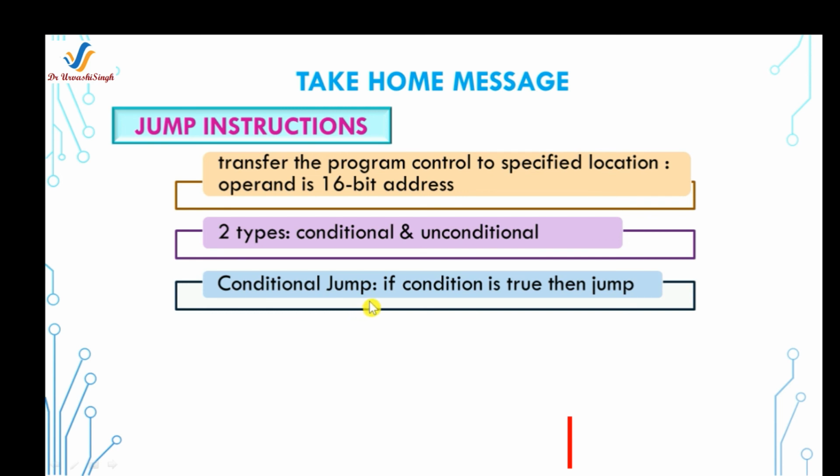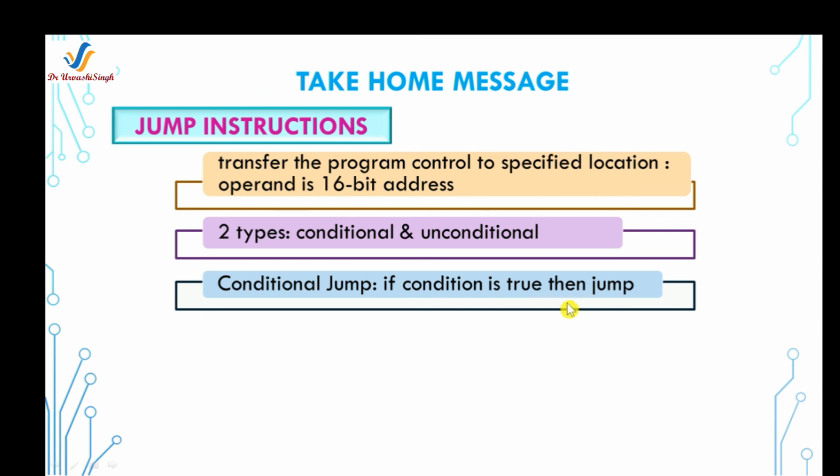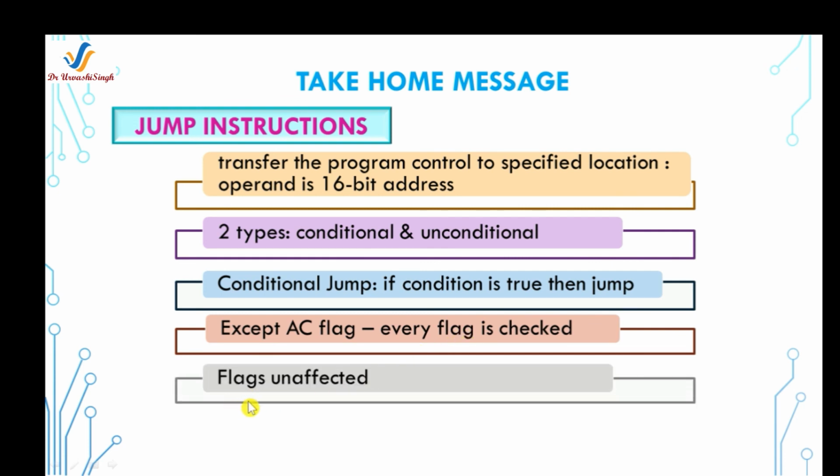In the conditional jump, the condition of the flag is tested. If it is true, then it will jump, otherwise it will execute the next instruction. Except the auxiliary carry flag, every flag is checked in conditional jump instructions, and all flags remain unaffected by jump instructions.